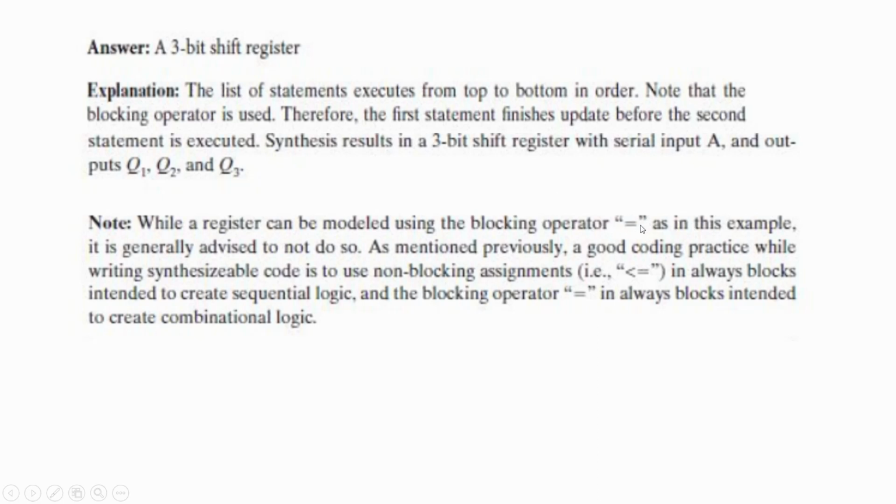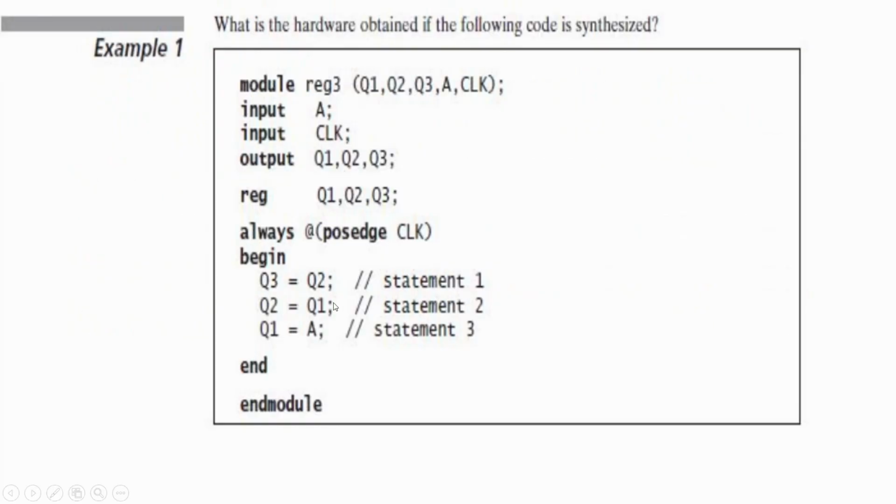So what happens is when a blocking operator is used for assigning values in an always block, the line of code executes in order. I will show you with an example. Here Q2 is equal to Q1 in this case, right?